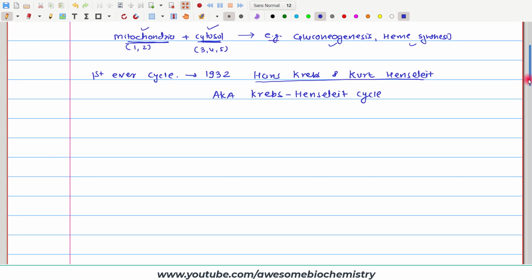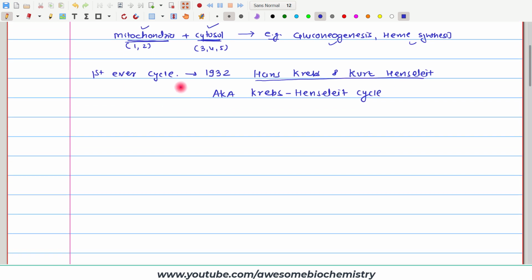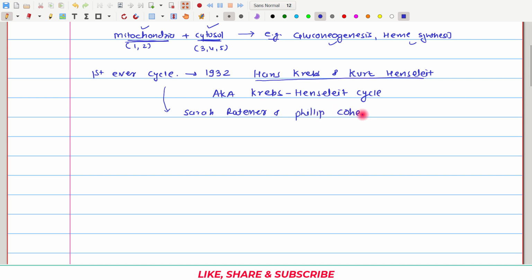After the first discovery of this urea cycle, later on all its steps were described in detail by 2 more scientists, and their names are Sarah Ratner and Philip Cohen. So, these 4 scientists gave their important contribution in the discovery of the urea cycle.